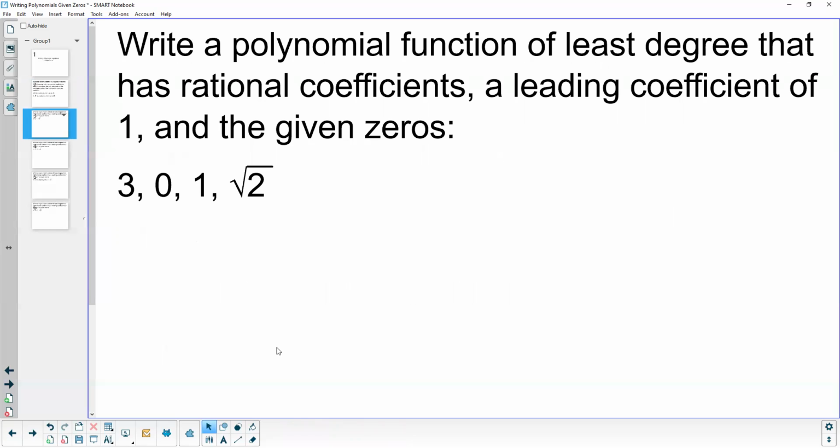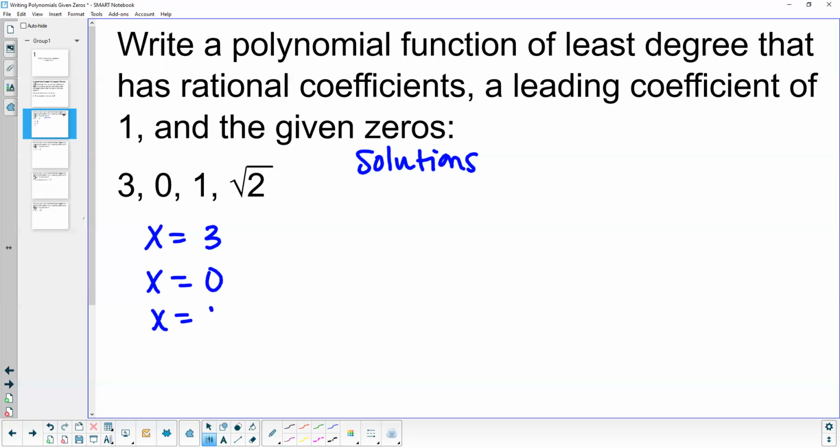So using that idea, we want to figure out what is a polynomial function where all of these are the case. Well, zeros is another name for our solutions. So what that means is that x is equal to 3, x is equal to 0, x is equal to 1, and x is equal to the square root of 2.